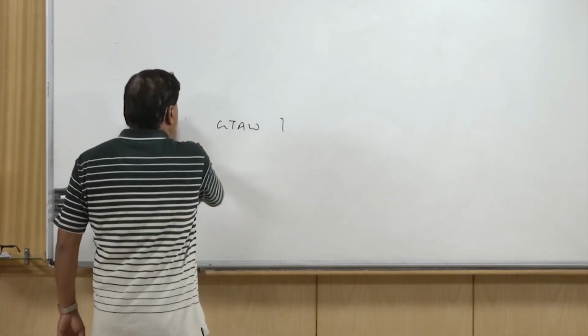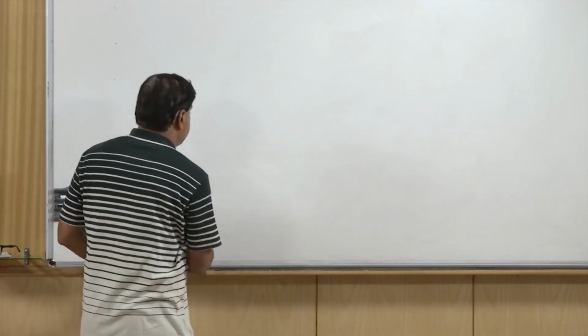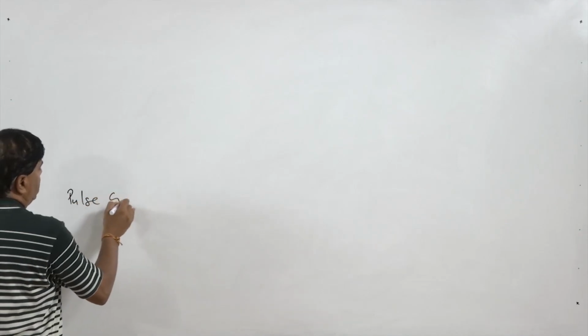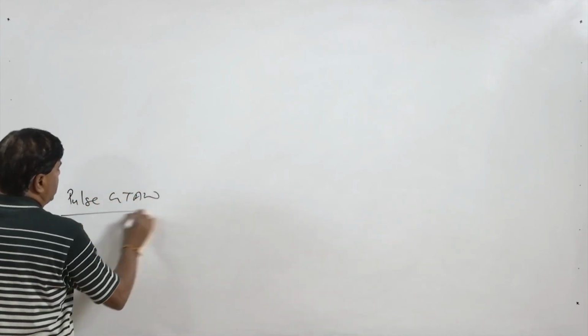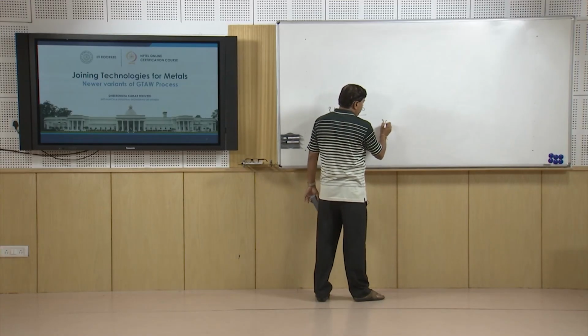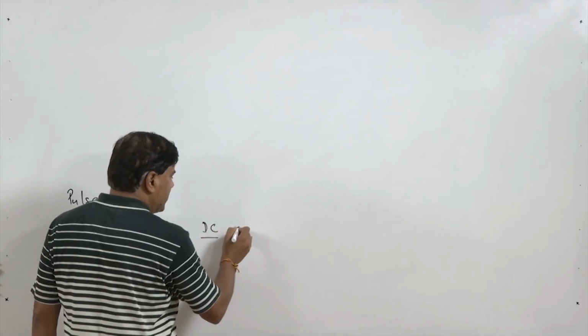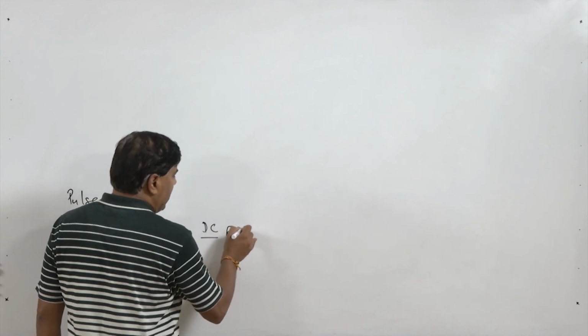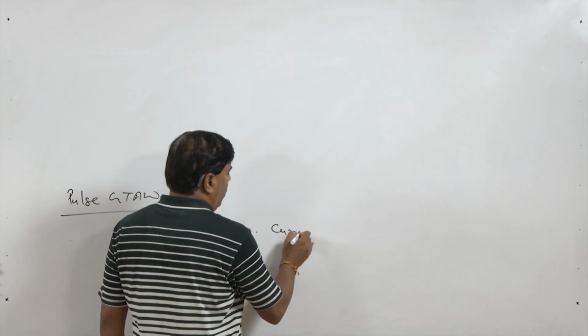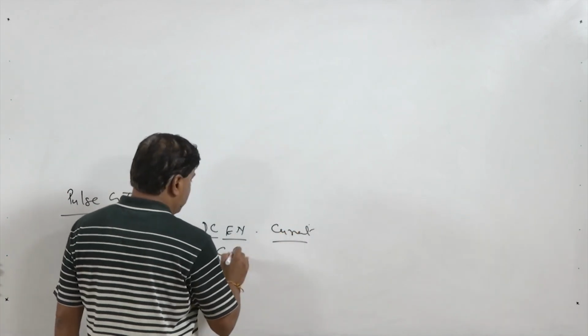So, first of all I will start with the pulse GTAW process. Pulse GTAW process means, in the conventional GTAW we supply the DC. Usually it is a DC EN, and it is a constant current type of power source.